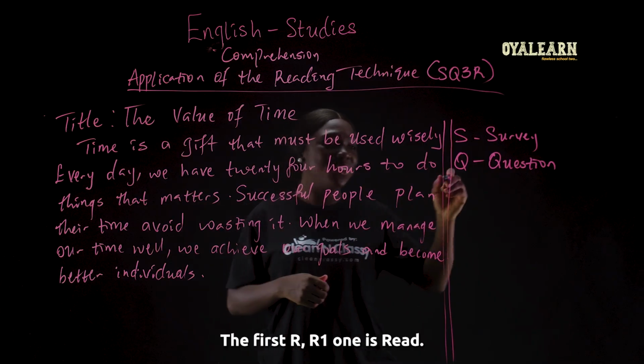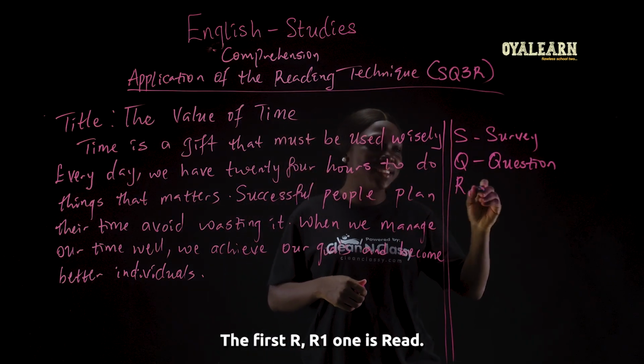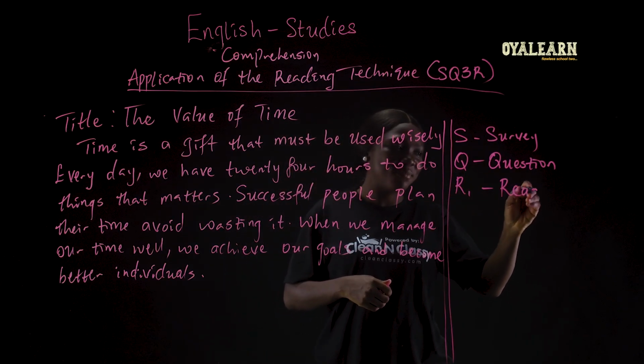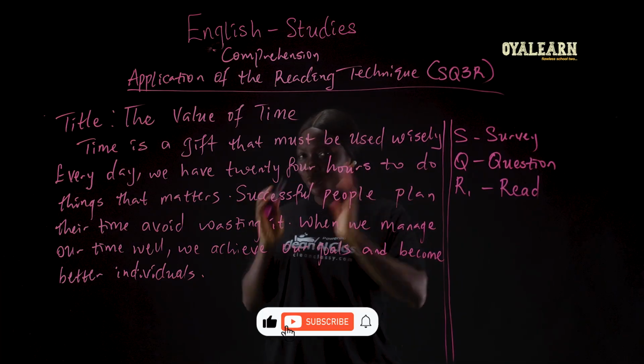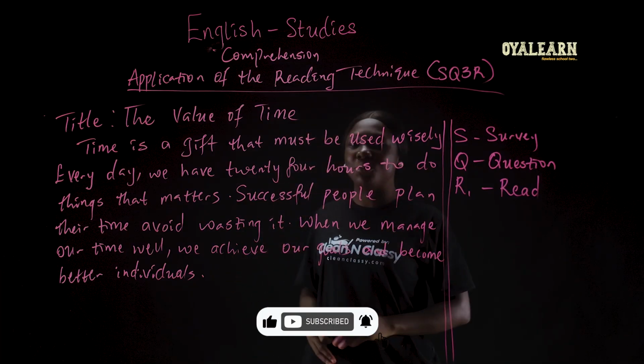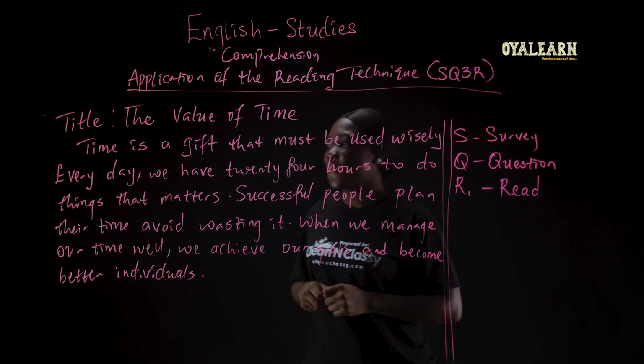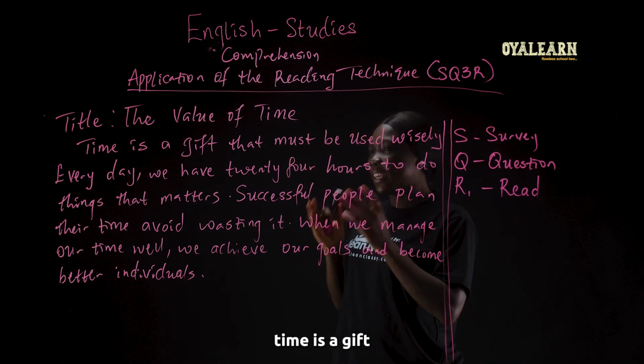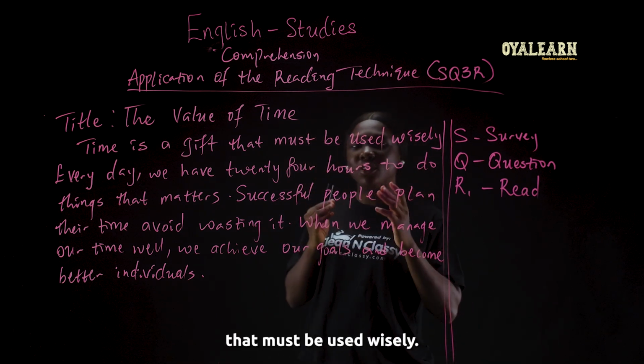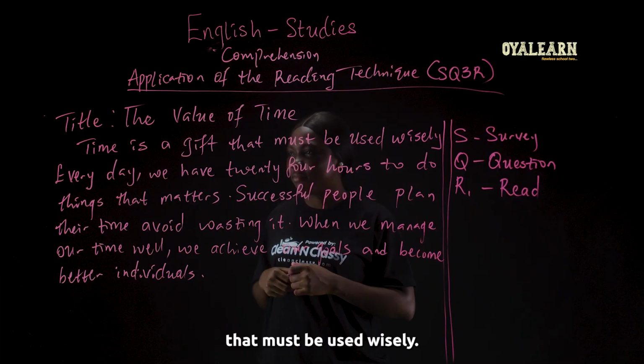The first R, R1, is read. Now it's time for us to read the passage and have a proper understanding of what the passage means. Time is a gift that must be used wisely.